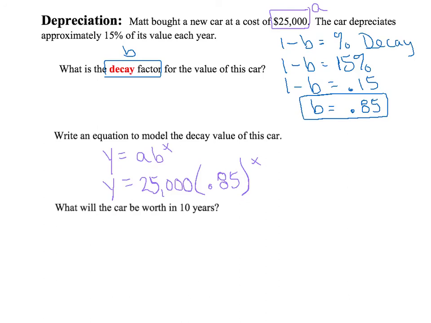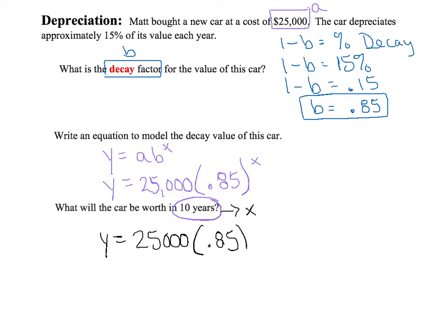And then last but not least, they want me to predict or estimate what the car will be worth in 10 years. So we're going to substitute the 10 in for x and try to solve. So we've got y equals 25,000 times the 0.85 being raised to the 10th power. We'll grab our calculator and type in that entire piece at one time and see what we get.